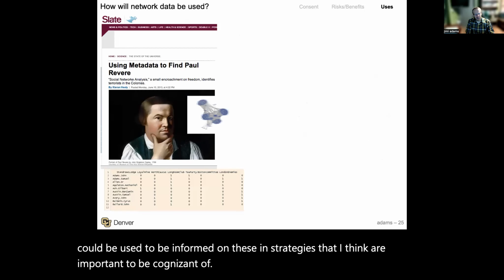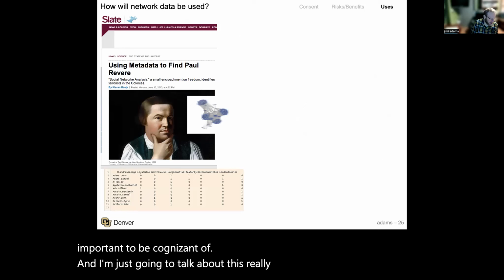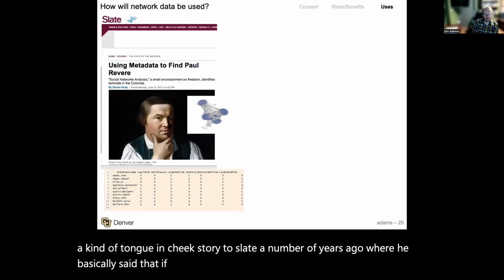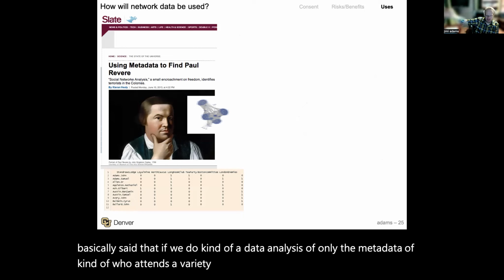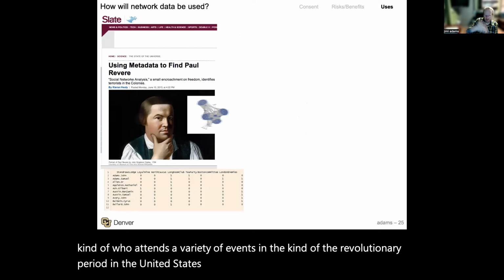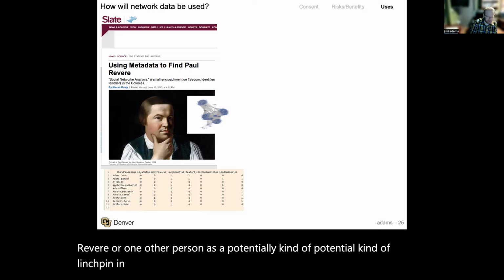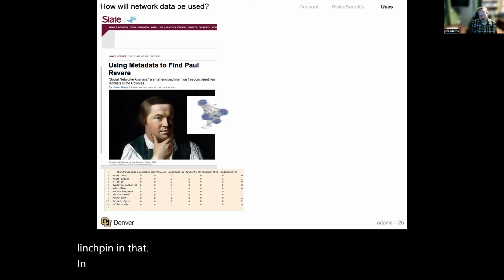And I'm just going to talk about this really briefly. Kieran Healy posted a tongue-in-cheek story to Slate a number of years ago, where he basically said that if we do a data analysis of only the metadata of who attends a variety of events in the revolutionary period in the United States, you would have been able to pick out either Paul Revere or one other person as a potential linchpin in that era, as someone who could have been targeted.